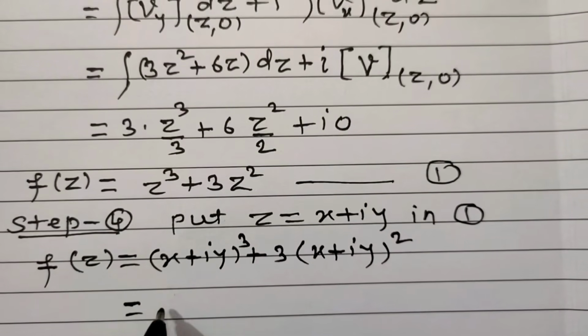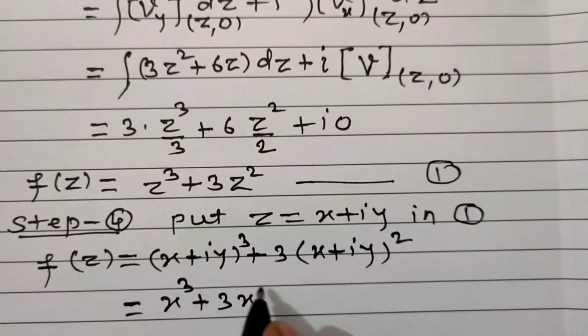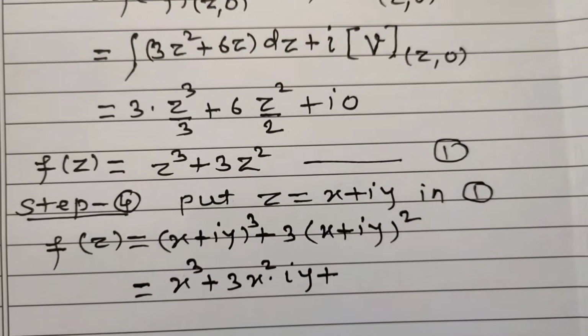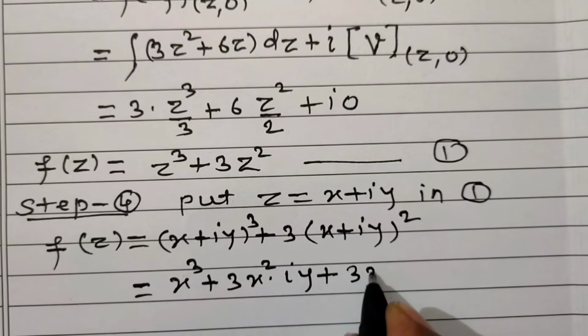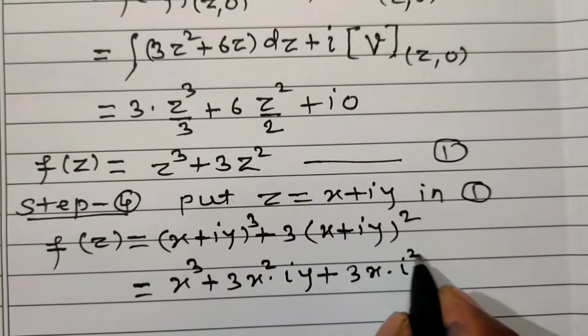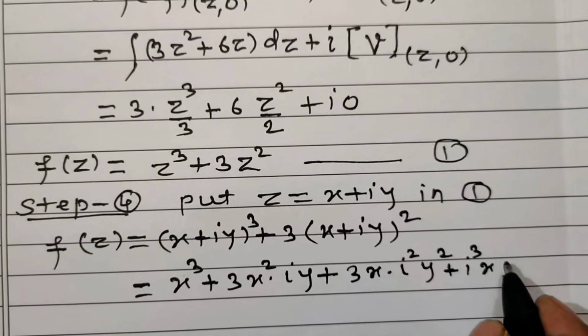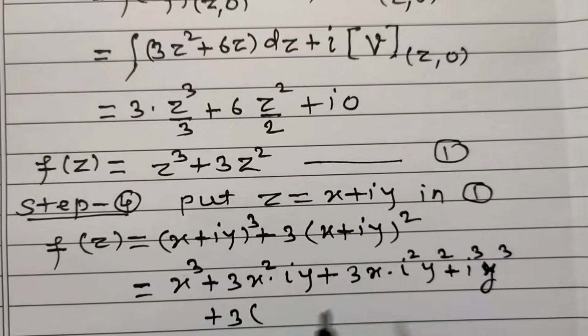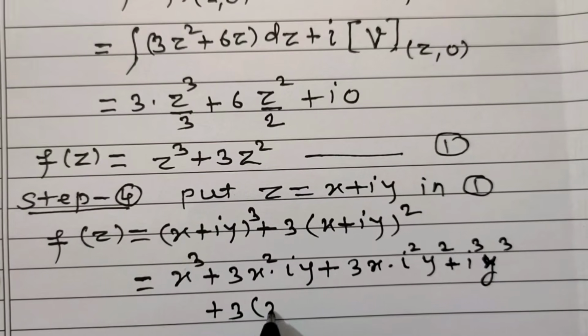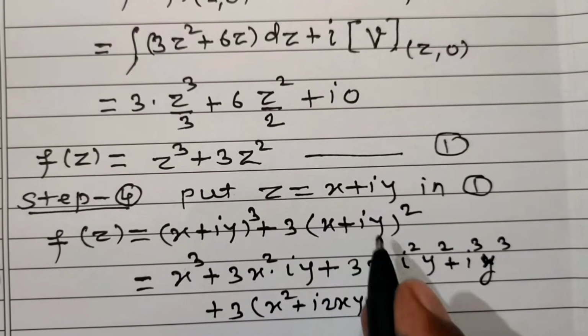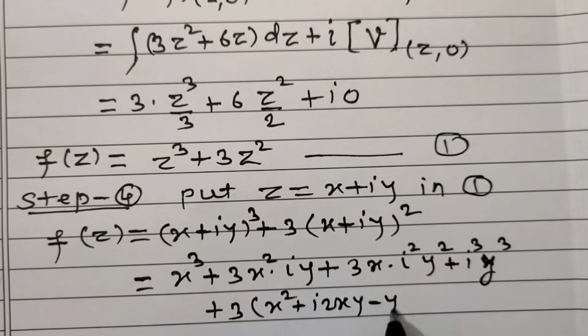This is equal to x cube plus 3 times x square into iy plus 3 times x into i square y square plus i cube into y cube, plus 3 times the expansion of this bracket: x square plus i into 2xy plus i square y square minus y square.